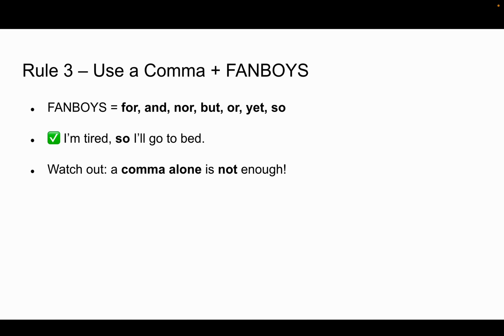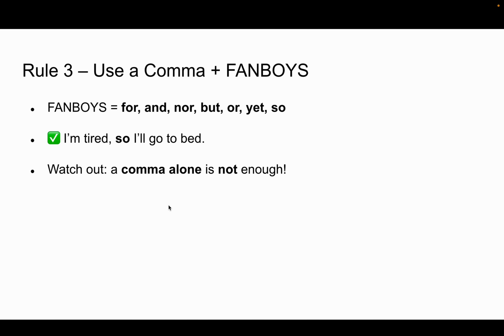FANBOYS is just an acronym for for, and, nor, but, or, yet, and so. For example, you have two complete sentences, I'm tired, I'll go to bed. The way you connect them is by adding a comma and then adding one of these conjunctions that makes sense. Here, it makes sense that because you're tired, you go to bed. So the word so is the right one.